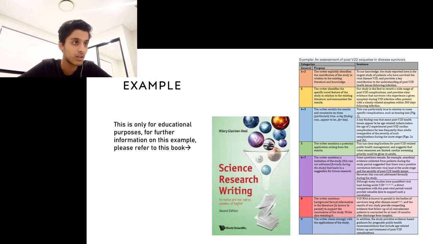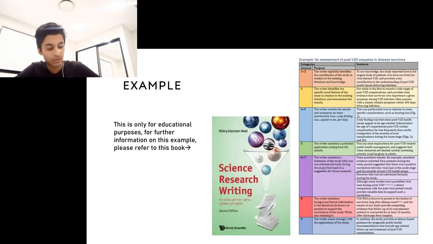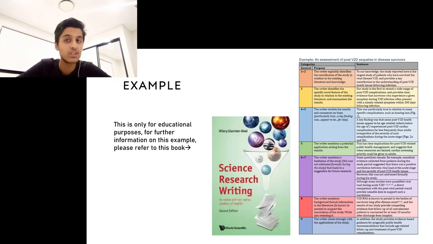"However, this was not just formally during the study that led to problems." Then the writer mentions background factual information in the literature, which is known to persist upon conclusion, whilst also restating it. So now they've looked at background information, and you can see in that sentence they've used the words "is known to persist."